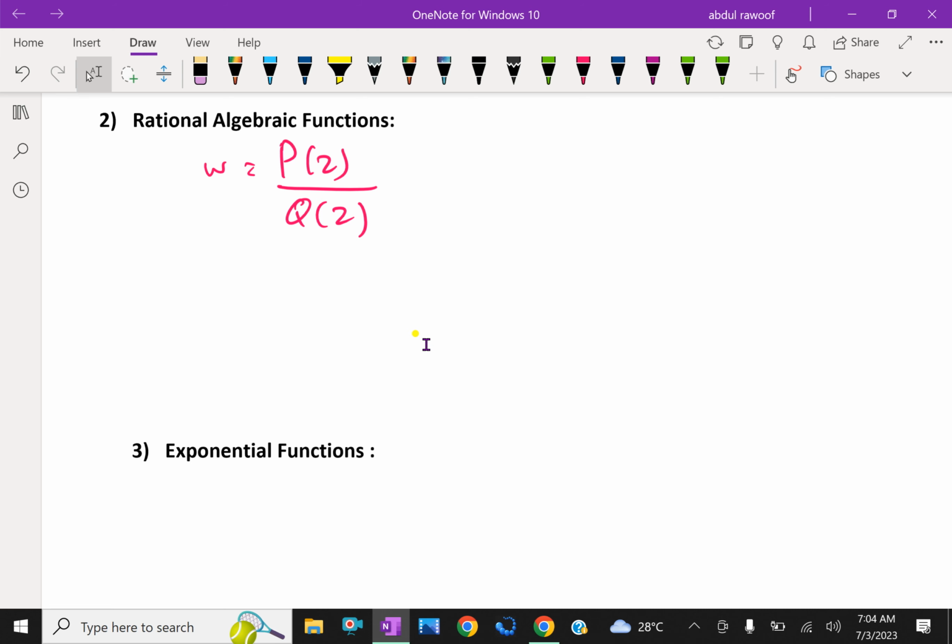Now in particular cases, we can say w equal to az plus b over cz plus d.